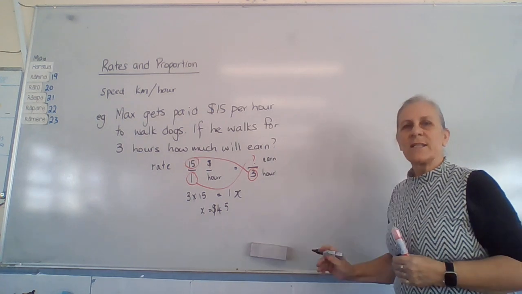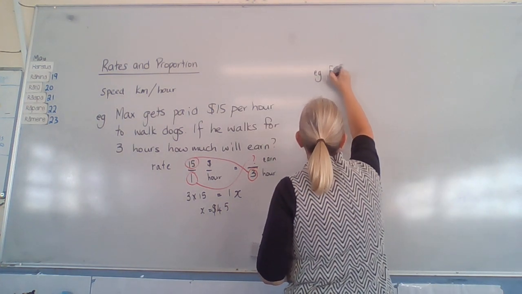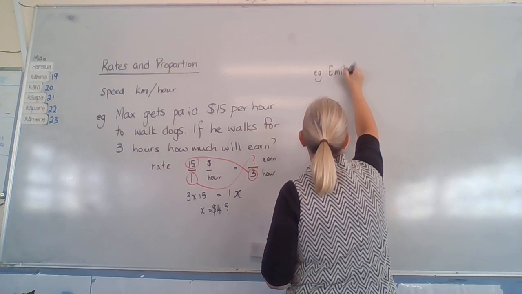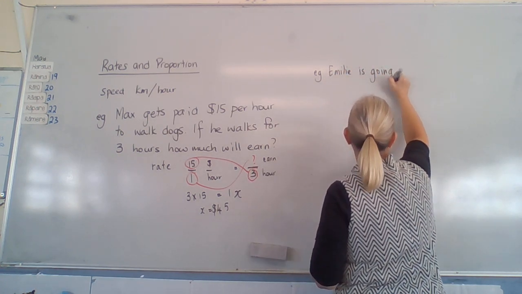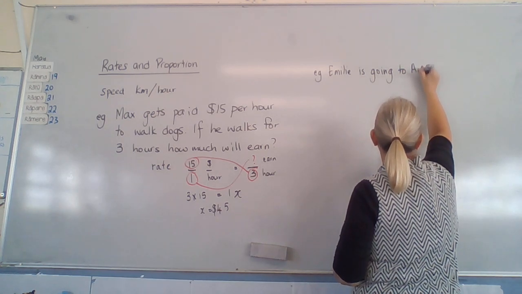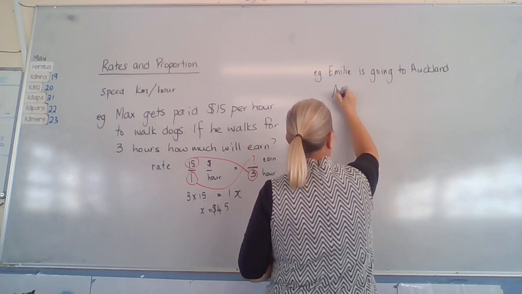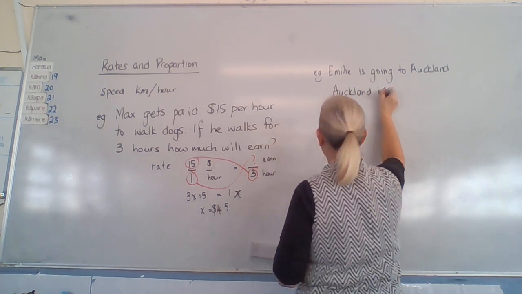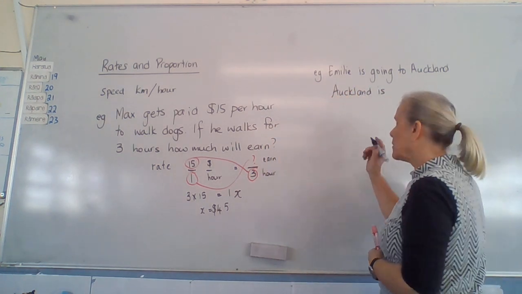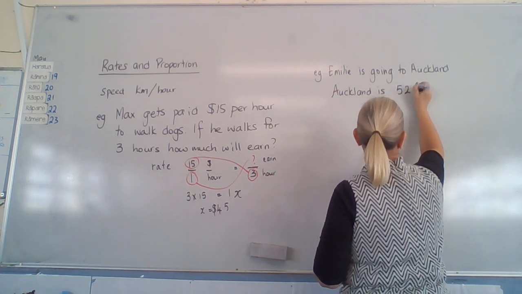What if we have one that's slightly more difficult? Let's say Emily's going to Auckland. Auckland is 525 kilometres away.